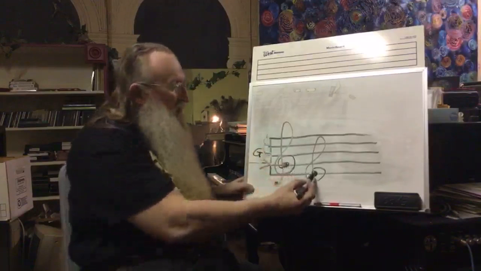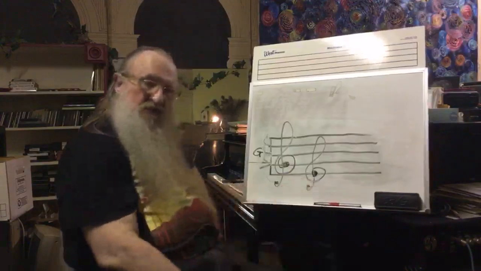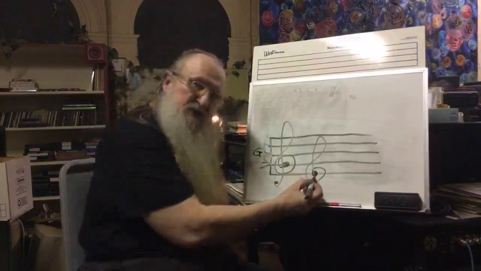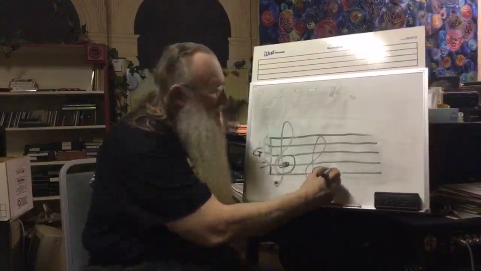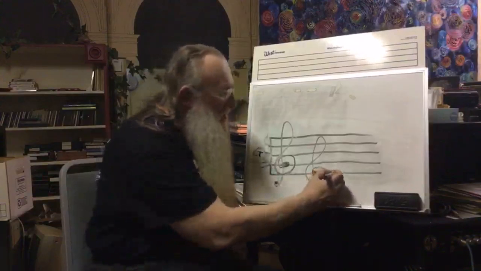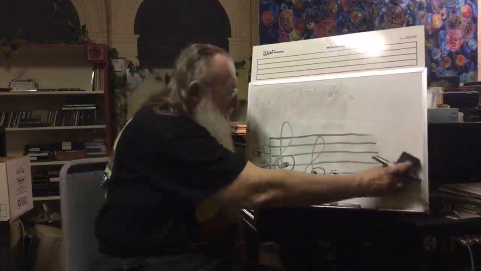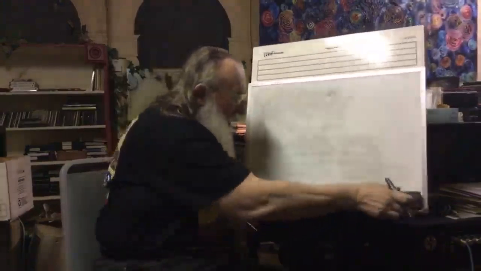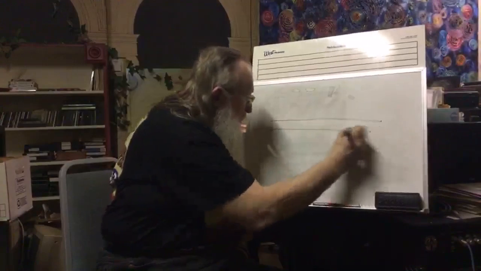When it was down here, it was for violin music. And in French music, they still refer to this clef as the French violin clef. But it's still telling us that this line is the letter name G. And again, this clef was movable and could be moved around in 5 positions.